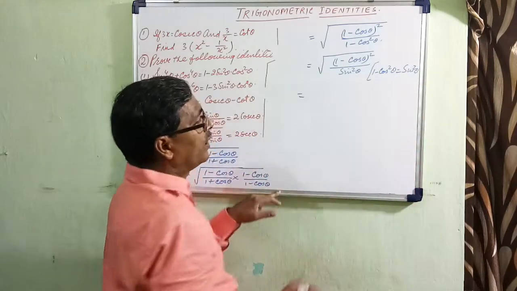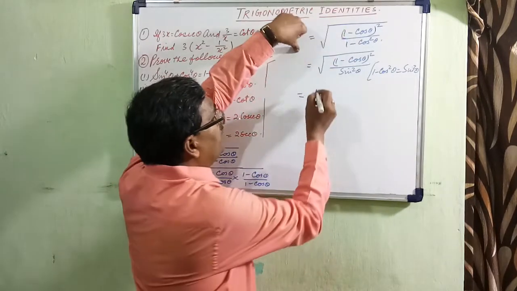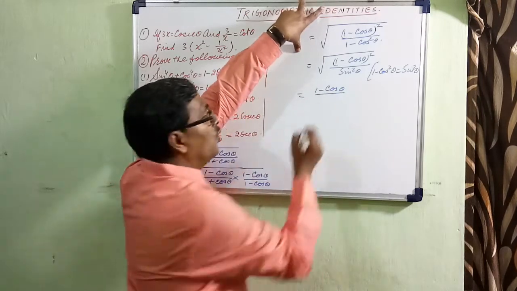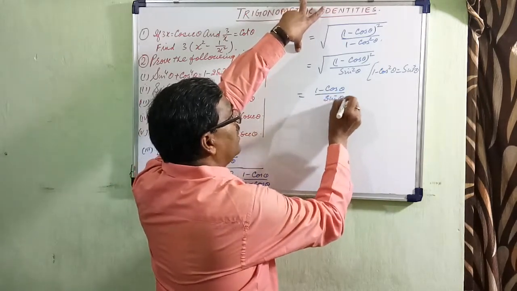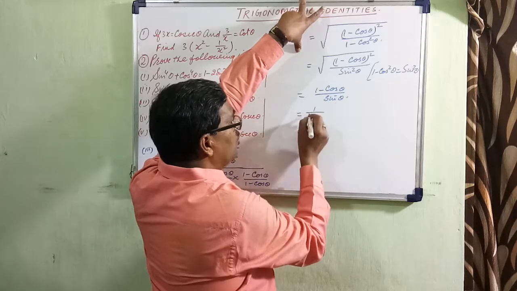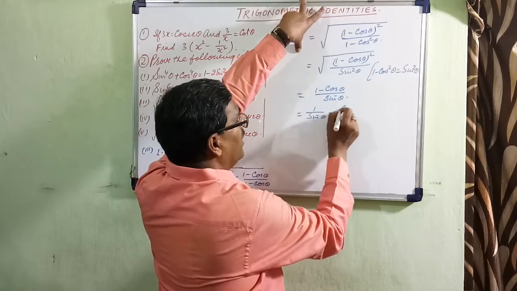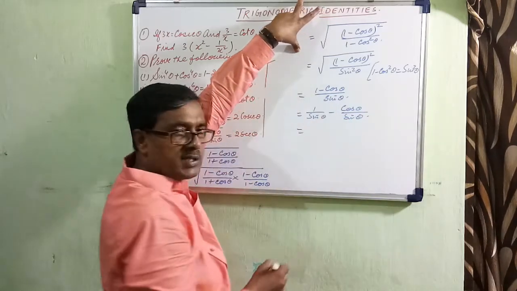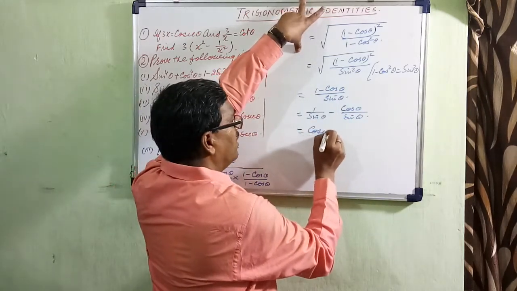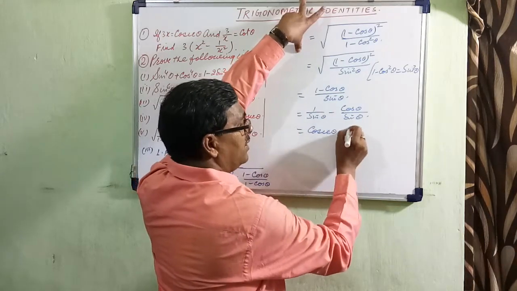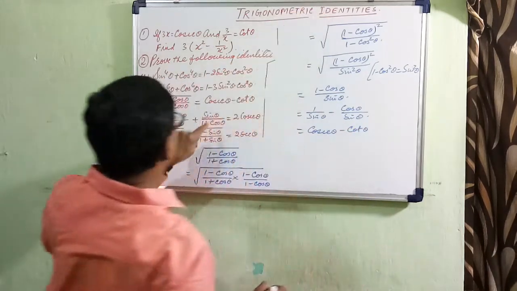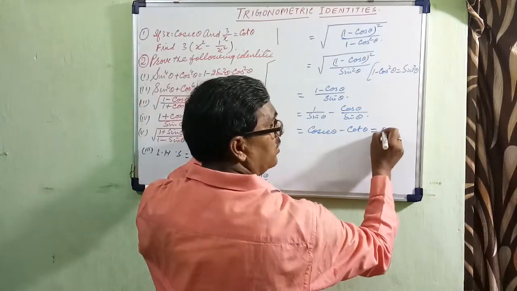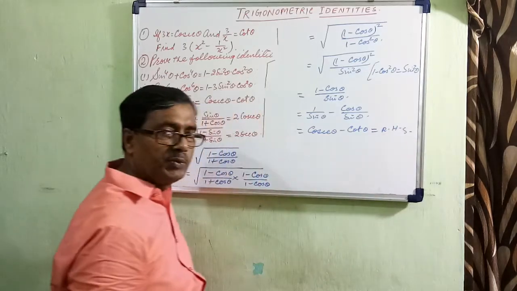And then what is the square root of the numerator? It will be only 1 minus cos theta. What is the square root of the denominator? Only sin theta. And dividing into 2 parts, 1 minus cos theta by sin theta is equal to 1 by sin theta, cosec theta, and cos by sin theta, cot theta. What was your RHS? Cosec theta minus cot theta, that is equal to RHS. That was to be proved.